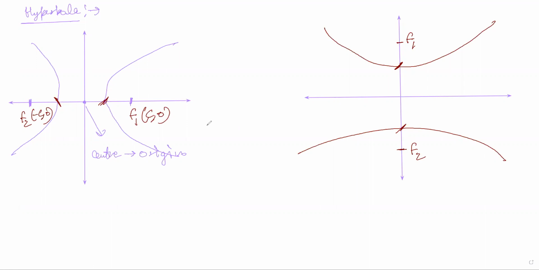The word major is replaced with transverse here and the word minor is replaced with conjugate. So there are two types of hyperbola. One is in which the foci are on x-axis, and one is in which the foci are on y-axis.